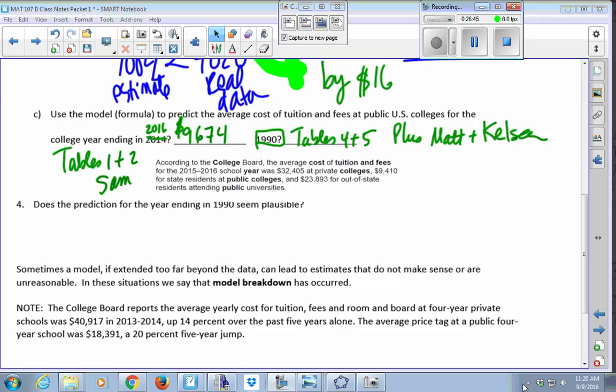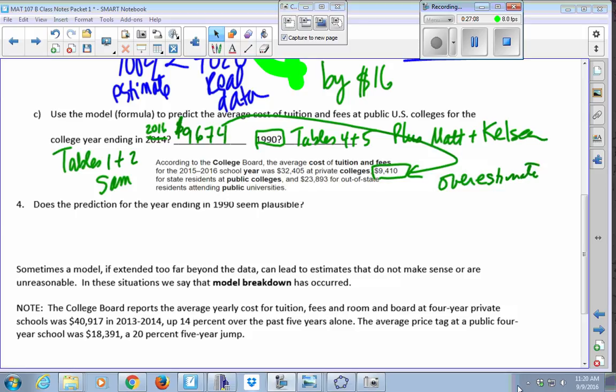It was 9,410. So now our model is starting to overestimate, right? Remember, a parabola is going to curve up and start to get much steeper. So now notice that our prediction, according to the model, is an overestimate. Okay, still pretty close though.